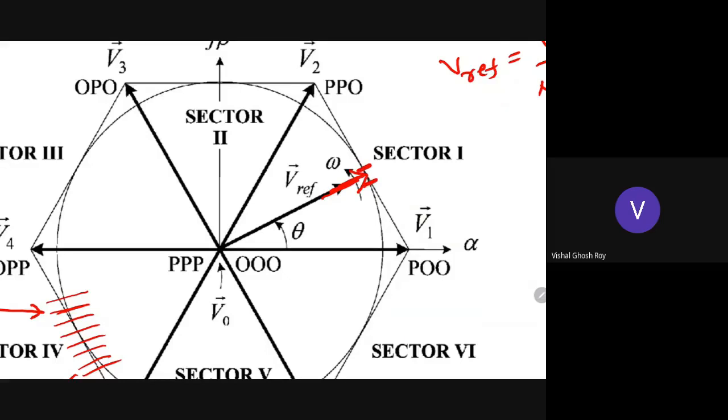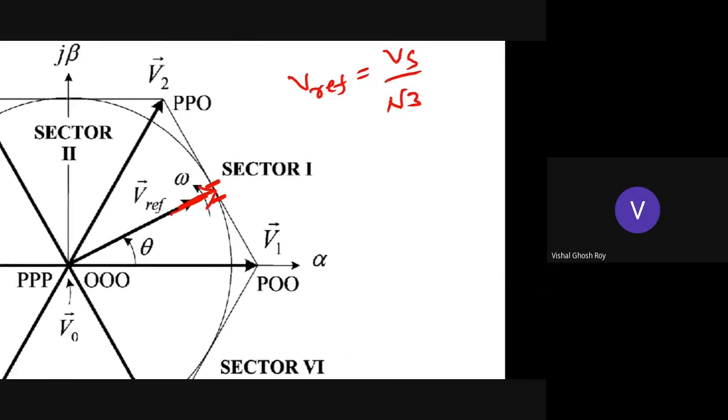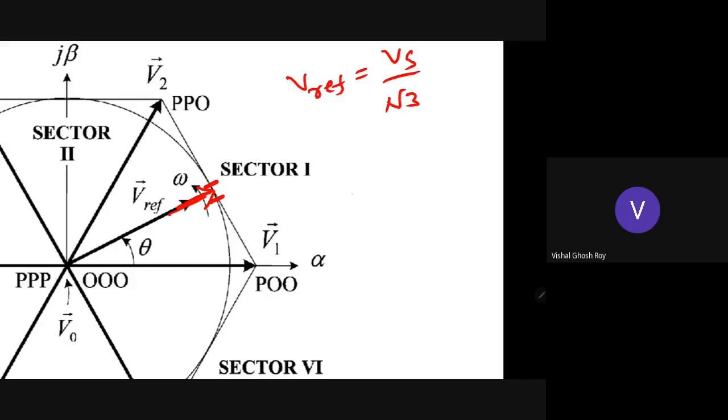In every Ts sample, we need to obtain the volt-second, that is, we need to calculate V reference times Ts. So for every sampling time we need to obtain a voltage.